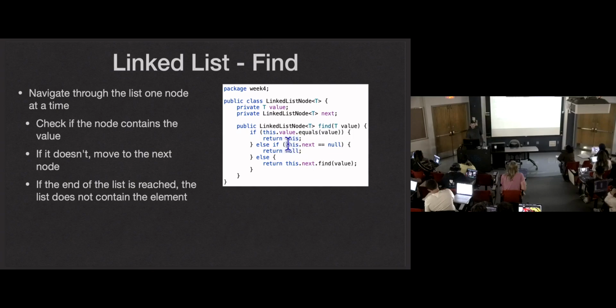If we reach the end of the list, that means we did not find this, because we reached the end of the list, and importantly, we checked the last node. So this is what I mean by the order is important. If you're in the habit of your first conditional in all your recursive methods being if this.next equals null, then it's our base case and don't do anything. If you say if this.next equals null before you check the value of this node and then return null, that's going to be our way of indicating that we did not find the value in this entire linked list because we reached the end without finding it.